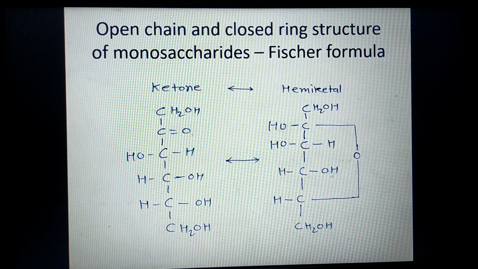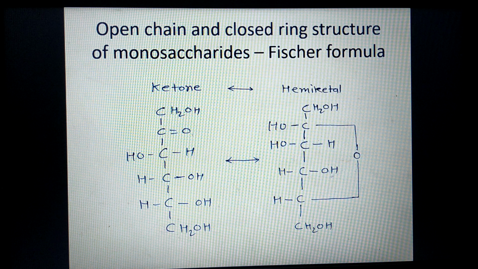In case of ketoses, the difference is that the functional group is present on the second carbon atom. Therefore, when the open chain is converted into a closed chain structure, the second carbon, which is the functional group, combines with the reference carbon.